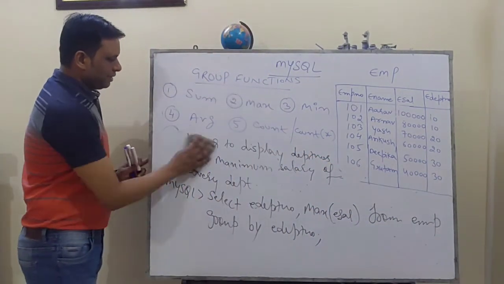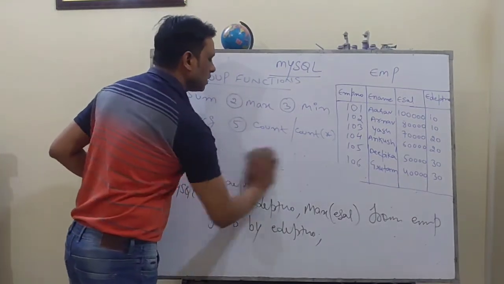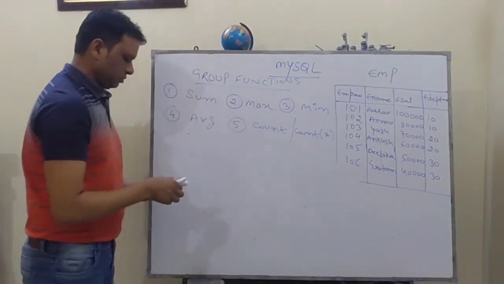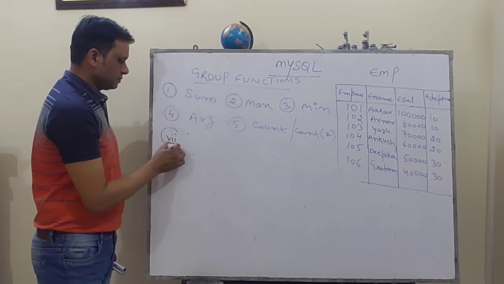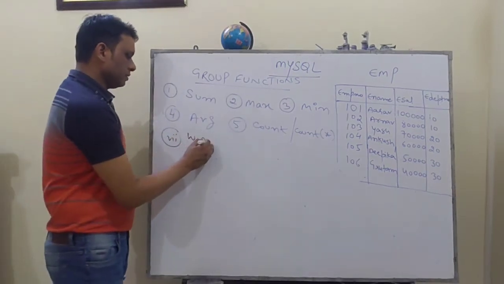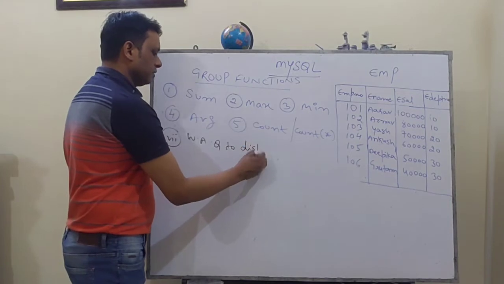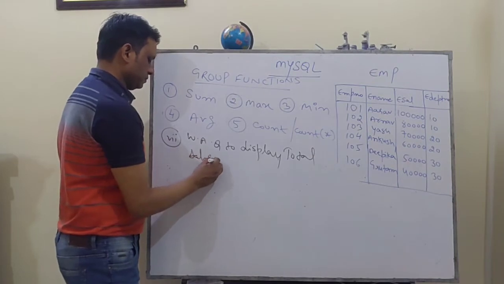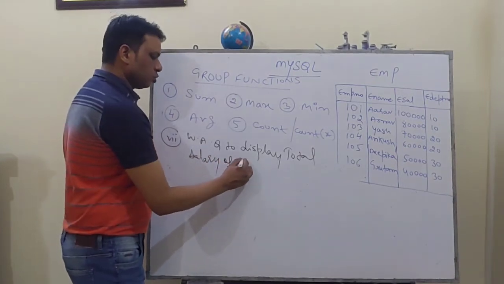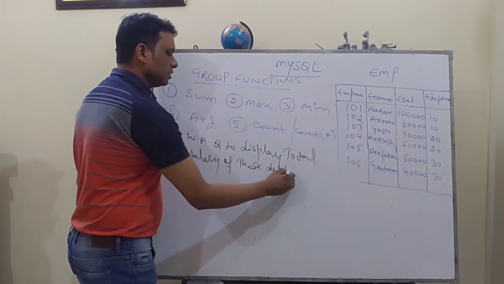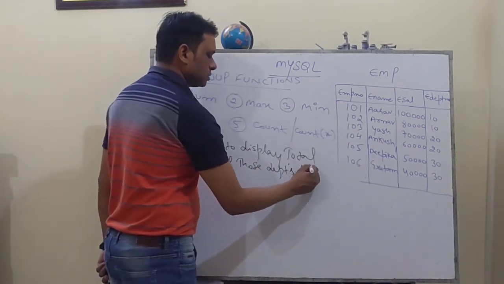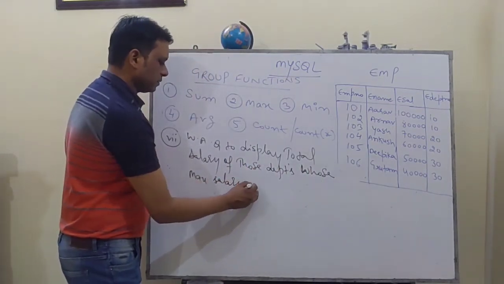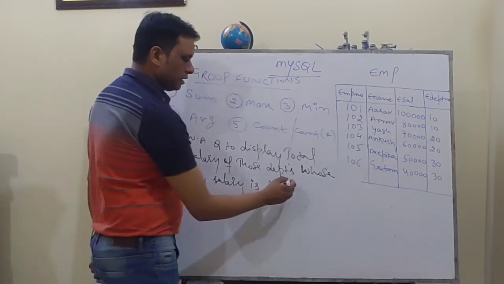Now, the conditional part in the group function. Conditional queries in the group functions. Query number 7. Write a query to display total salary of those departments whose maximum salary is greater than 80,000.